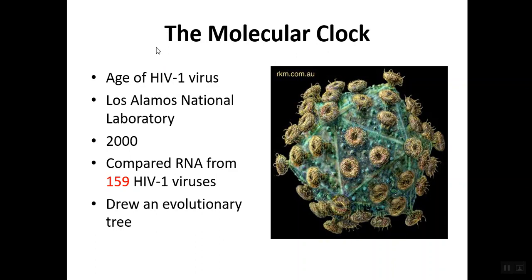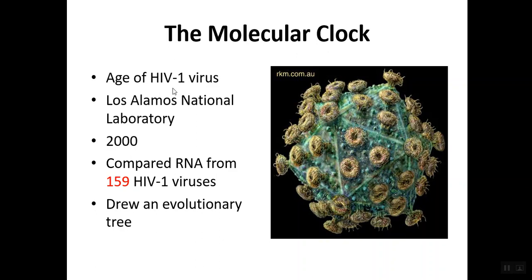Anyhow, what I wanted to introduce to you is the fact that we have been able to use the molecular clock concept that I just explained to understand the age of the HIV-1 virus, which is the most common strain. There is also another strain, HIV-2. HIV-1 is the one that comes from chimps. HIV-2 is the one that comes from monkeys. And oops, I have already revealed to you where HIV comes from.